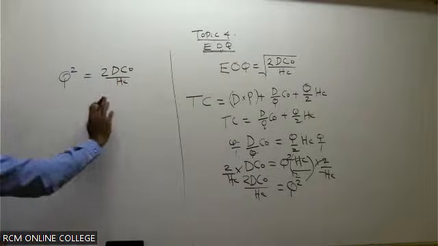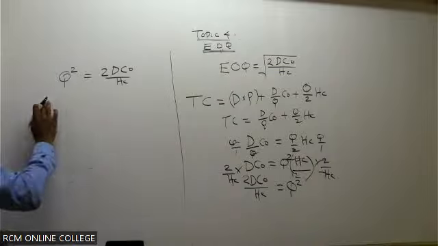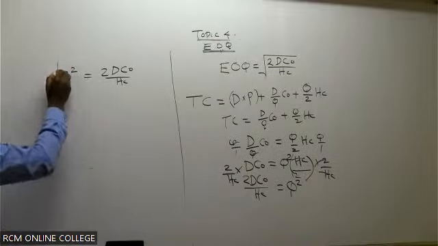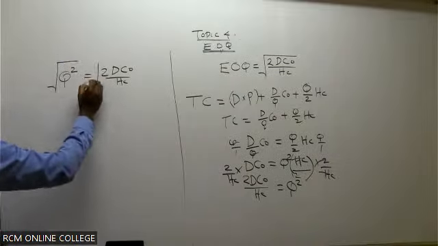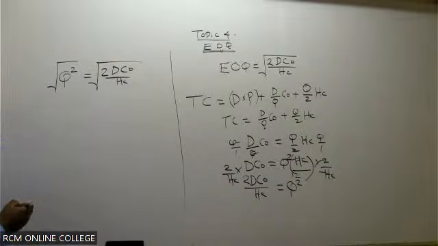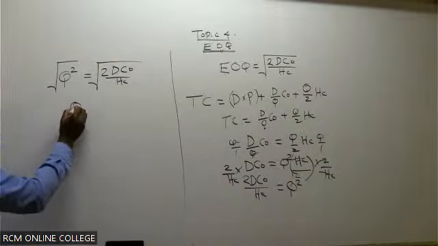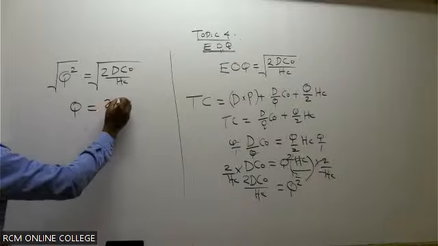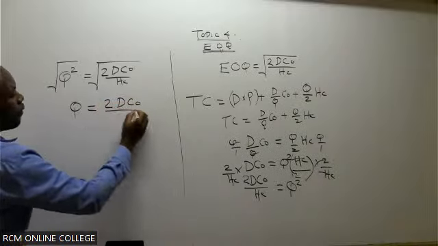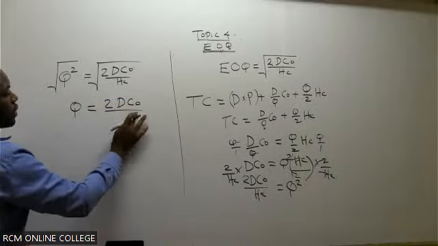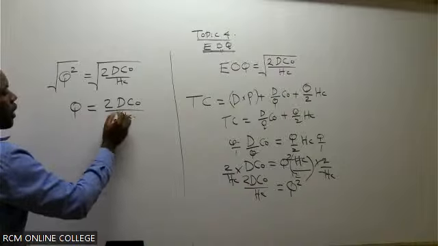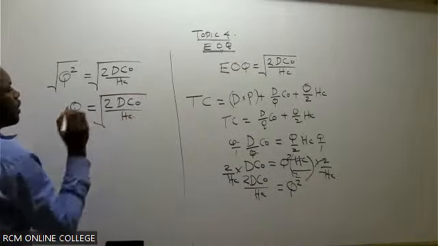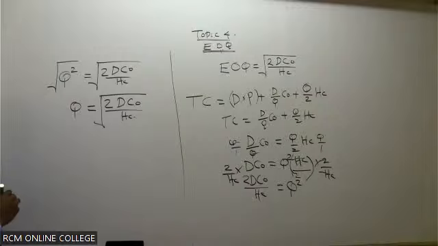Remember, my interest is to get Q, not Q squared. So what do I need to do? I need to get the square root of everything, making Q equivalent to the root of 2DCO over HC. Once that is done, I'll be able to get this Q here.